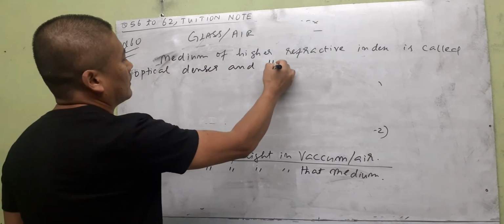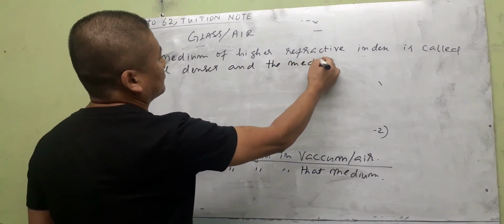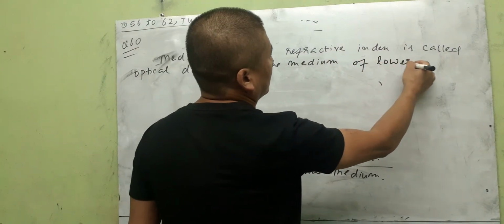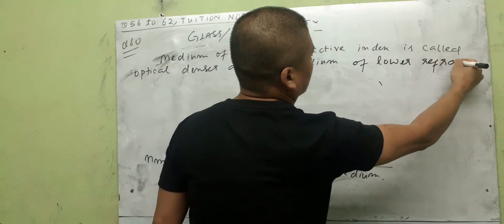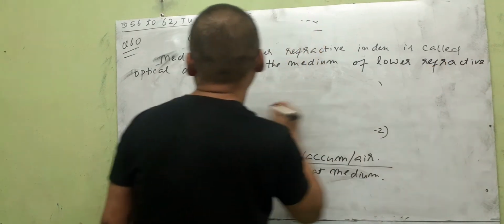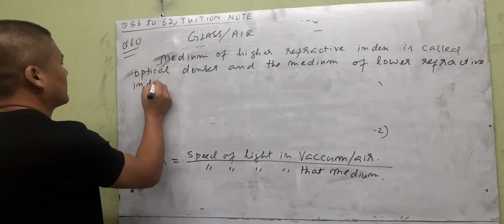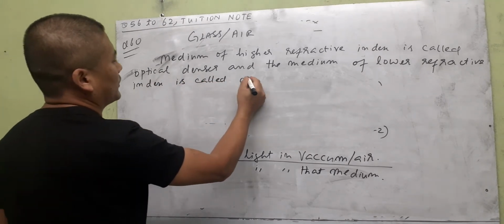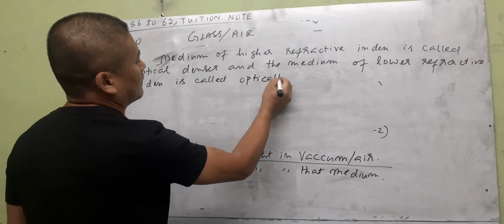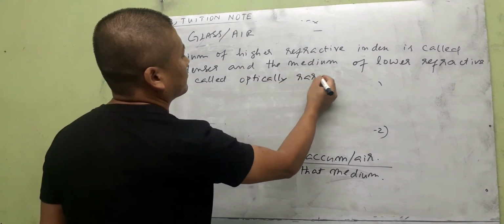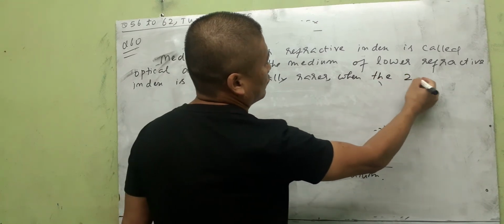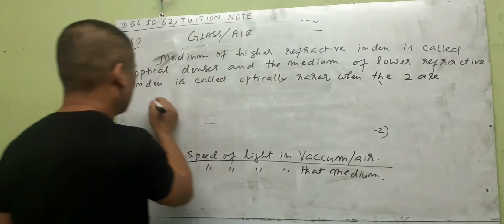and the medium of lower refractive index is called optically rarer medium when the two are compared.